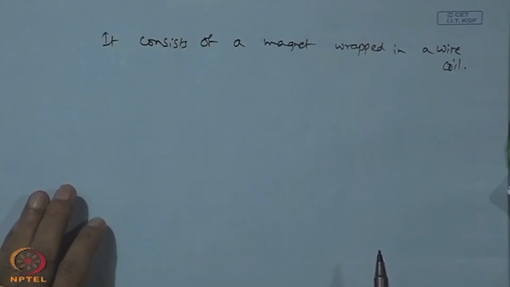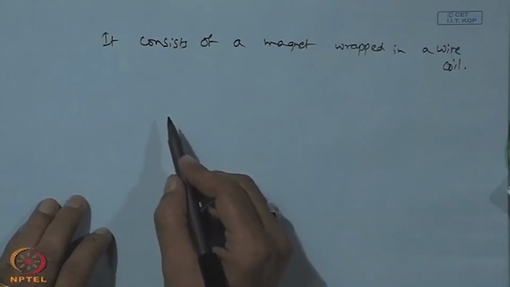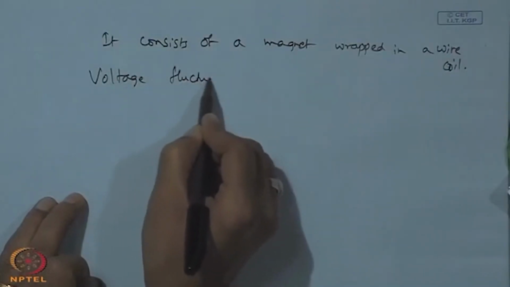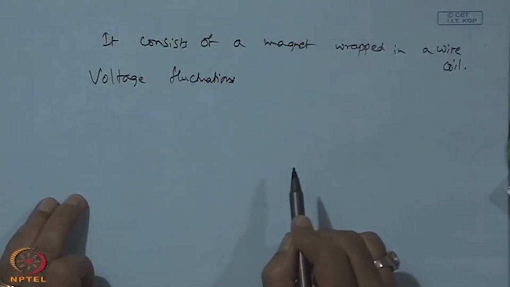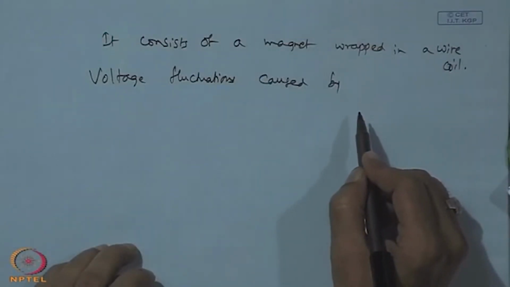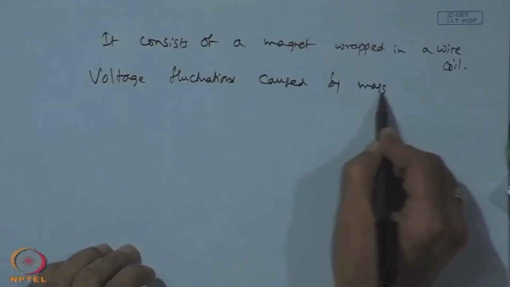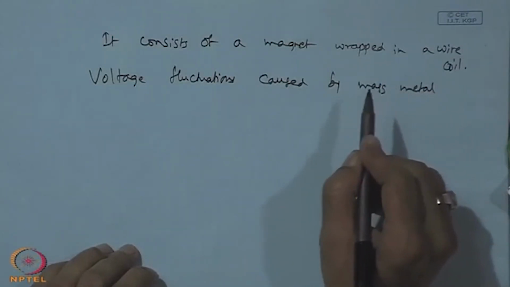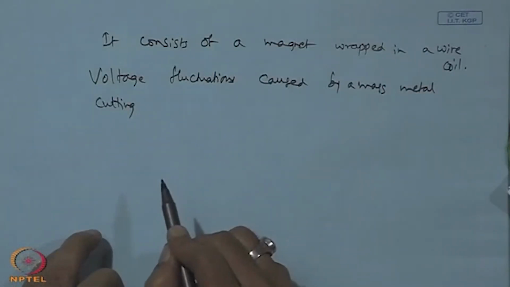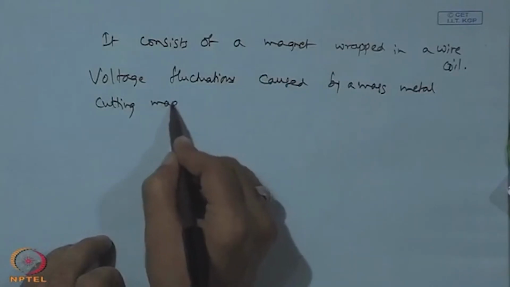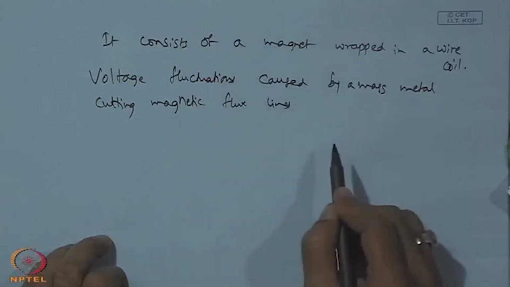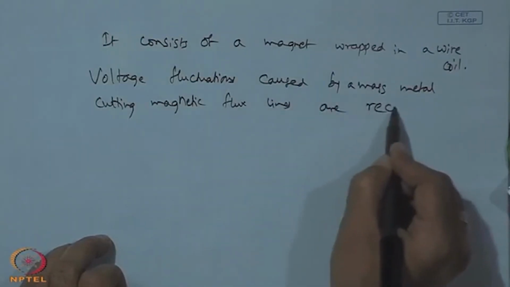The voltage fluctuations caused by mass metal cutting magnetic lines of force, magnetic flux lines, are recorded.